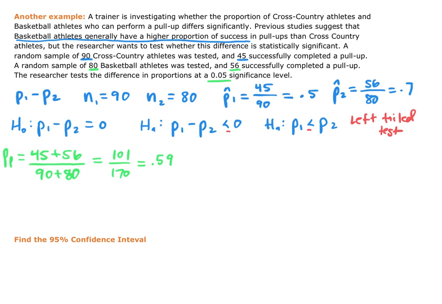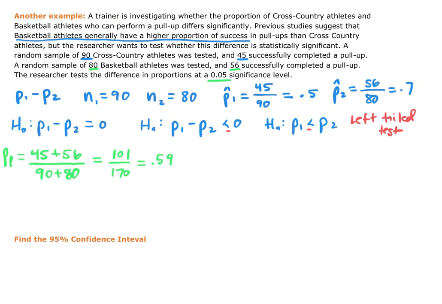And with that, we can test for normality. We want the number of successes to be greater than 10, and also the number of failures. So we're going to use the pooled sample size, 170 times 0.59, the pooled sample size times the pooled proportion, which is about 100.